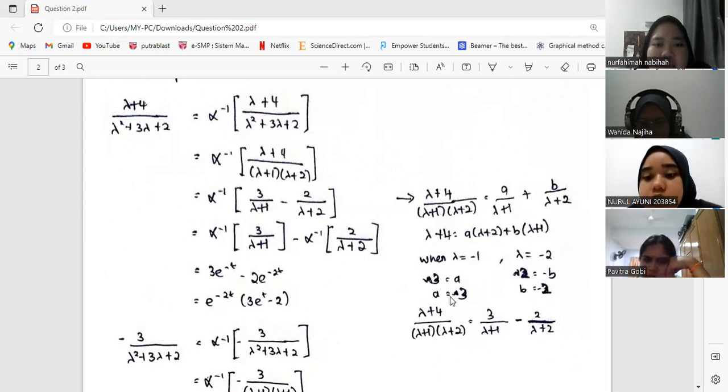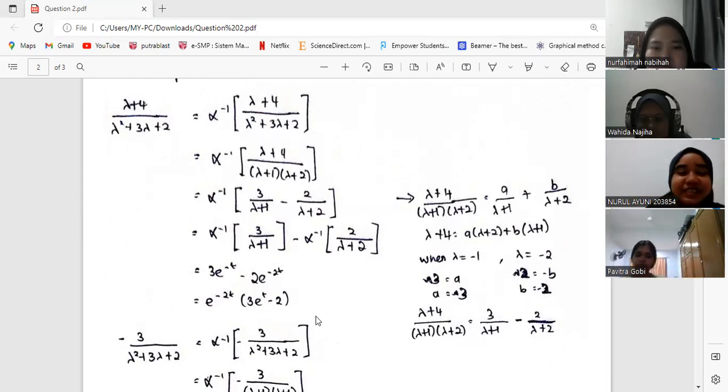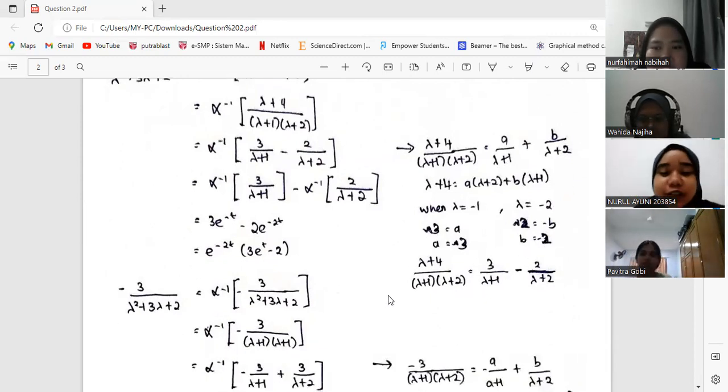By using these values, we get 3 for A and negative 2 for B. So we get the final answer, which we simplify as e power of negative 2t multiplied with 3 e power of t minus 2.